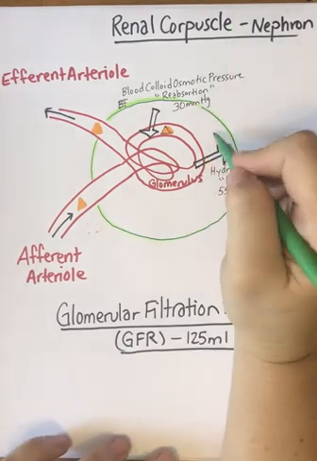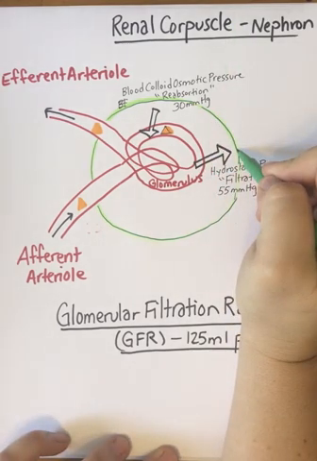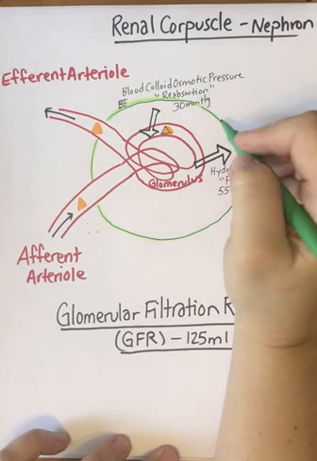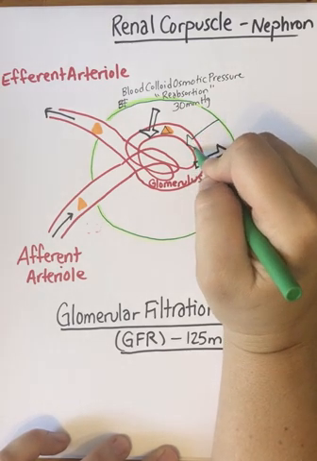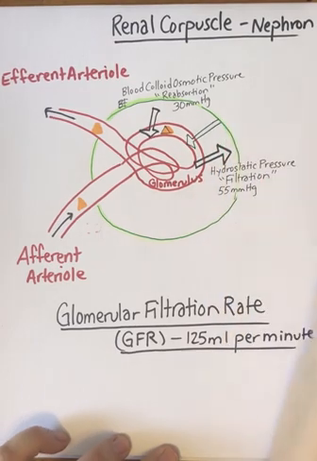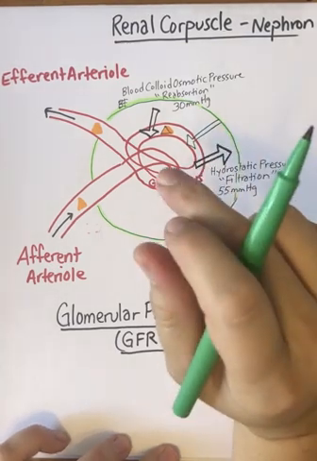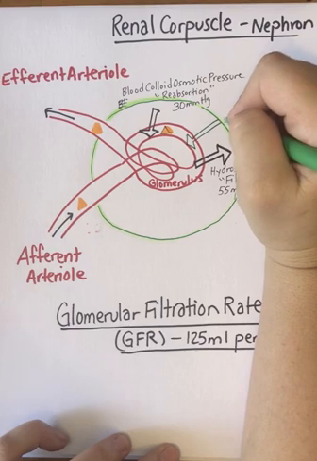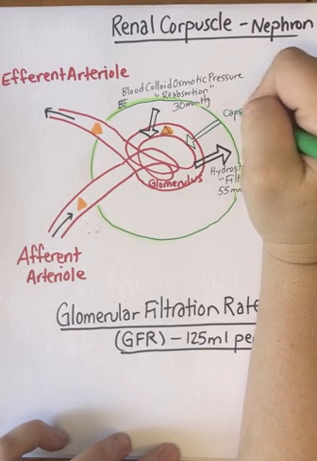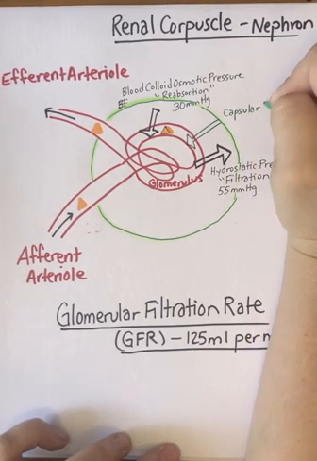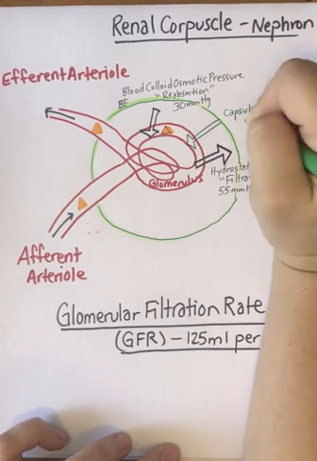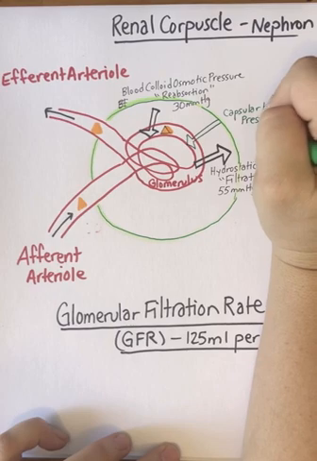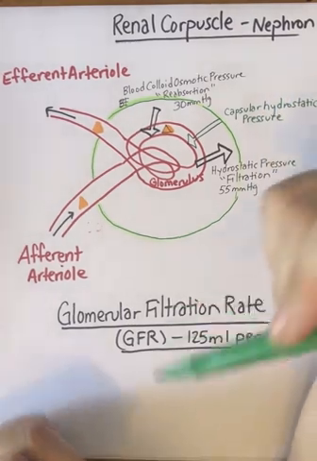So when the water from hydrostatic pressure hits the wall, you're going to force some of that fluid back into the glomerulus because it's spraying the capsule. So this is called capsular hydrostatic pressure. This is forcing it back in.